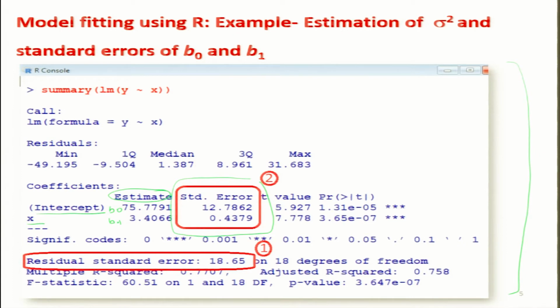After this there is a column standard error. This is giving you the value of the standard error of the intercept term B0, and this is the second value, which gives you the standard error of the regression coefficient associated with x.